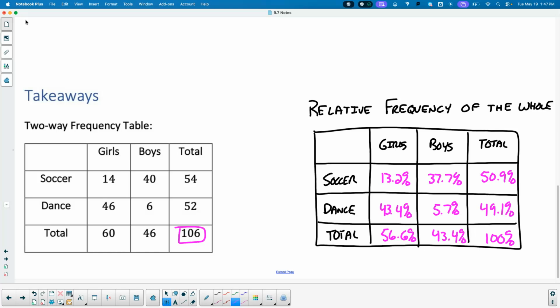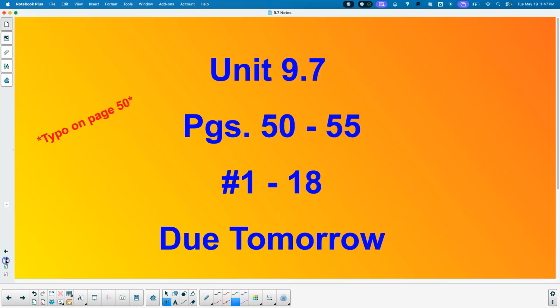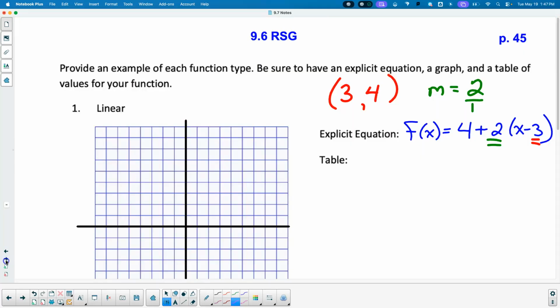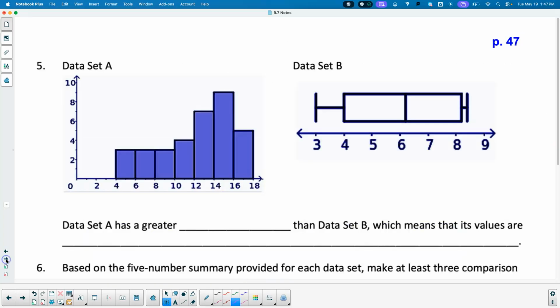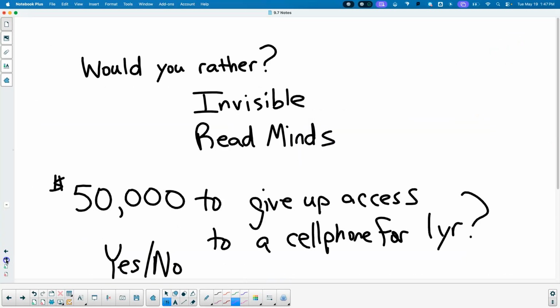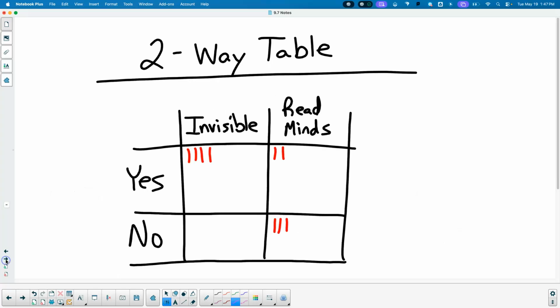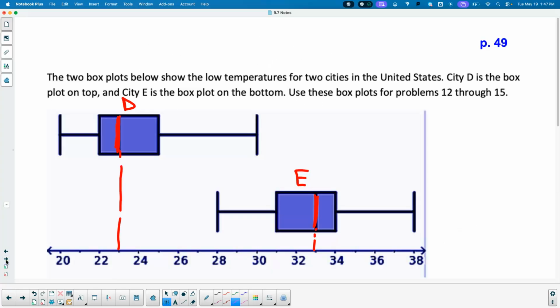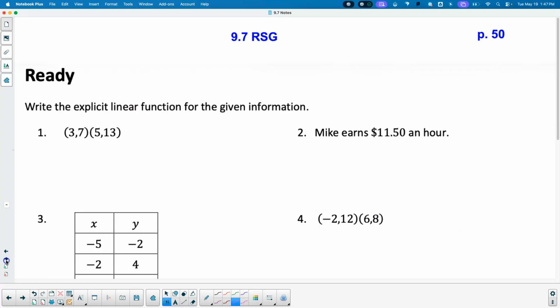Okay. All right, let's take a little peek at your homework. Oh, cut the brakes, one too many. All right, there we go.